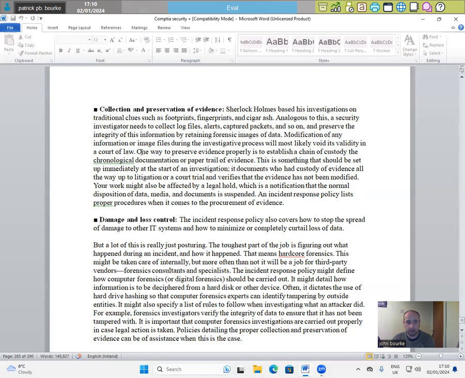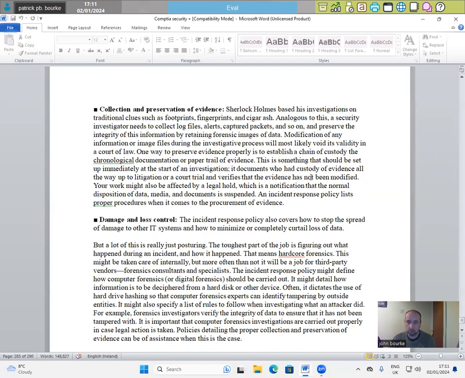Modification of any information or image files during the investigative process will most likely void its validity in a court of law. One way to preserve evidence properly is to establish a chain of custody, the chronological documentation or paper trail of evidence. This is something that should be set up immediately at the start of an investigation.